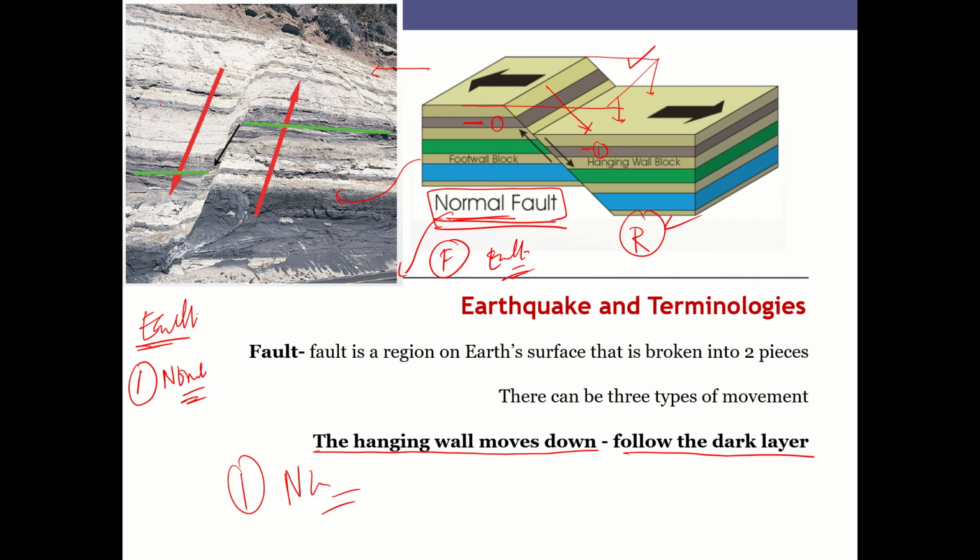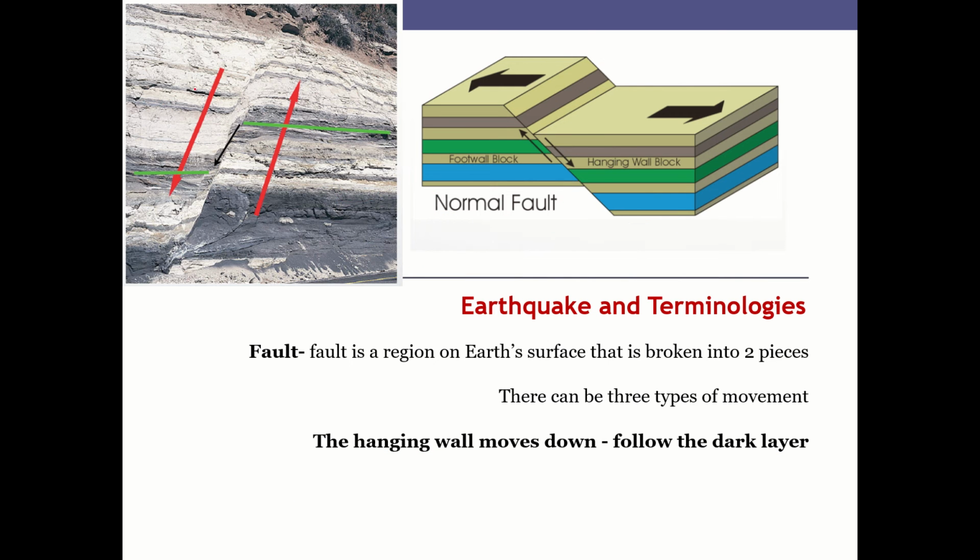How do we read this? You can check the lines. For example, these lines are the same. There is a fault line here, with an upward movement here and a downward movement here. This movement is called normal fault.